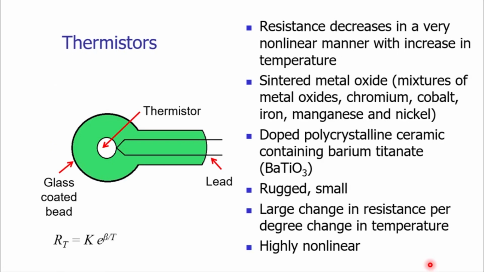The next temperature measurement sensor is the thermistor. In RTDs we have seen the resistance of the material is increasing with the temperature. In thermistors, the resistance is decreasing in a nonlinear fashion with the increase in temperature. Some materials such as sintered metal oxide, which is a mixture of the metal oxides of chromium, cobalt, iron, manganese and nickel, are semiconductors, and they exhibit the property that when the temperature is increasing, there is a reduction in the resistance.